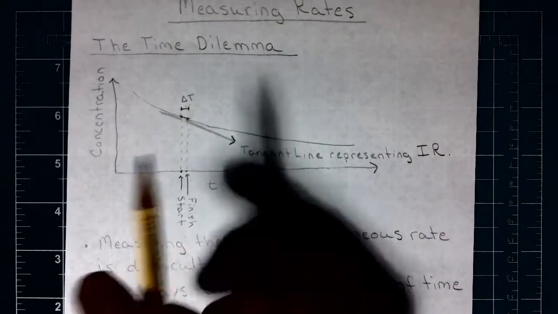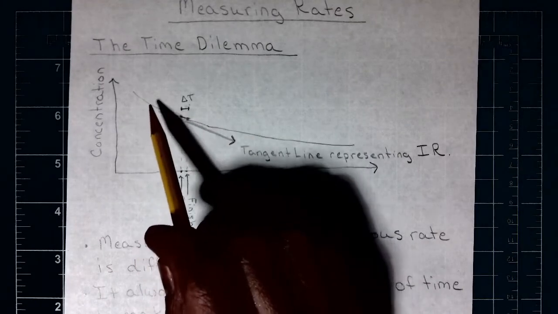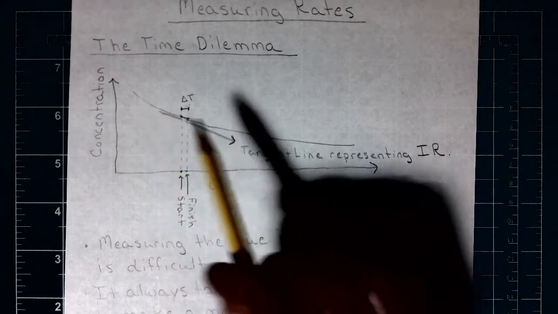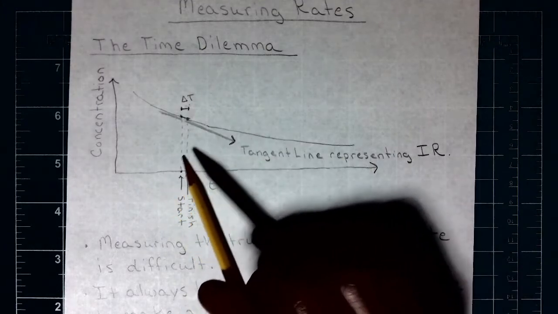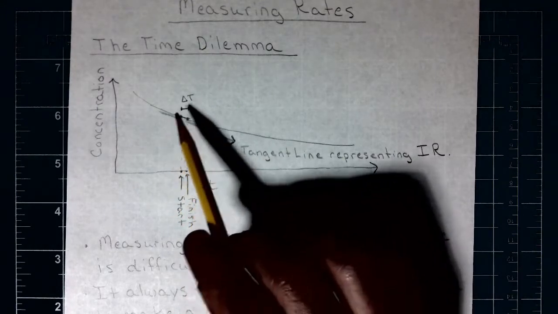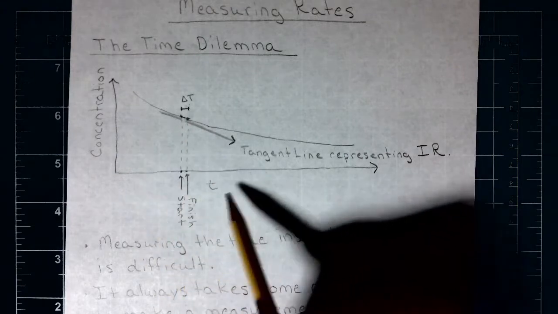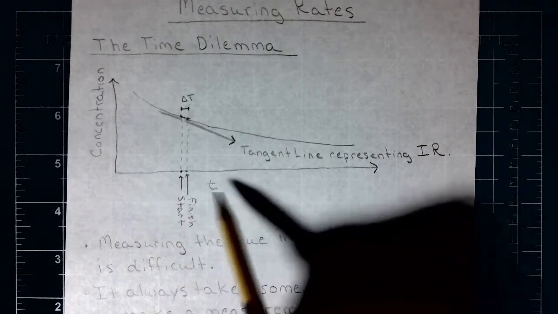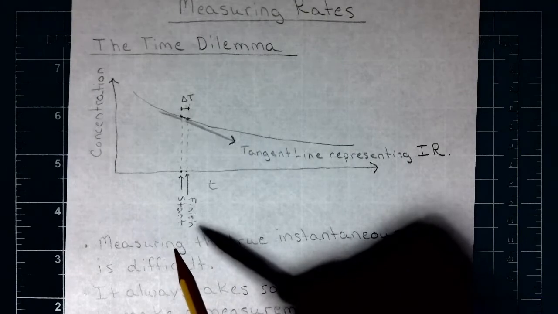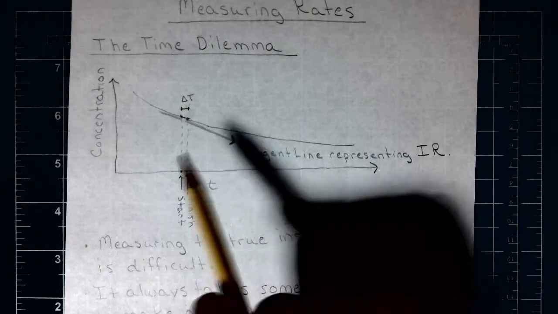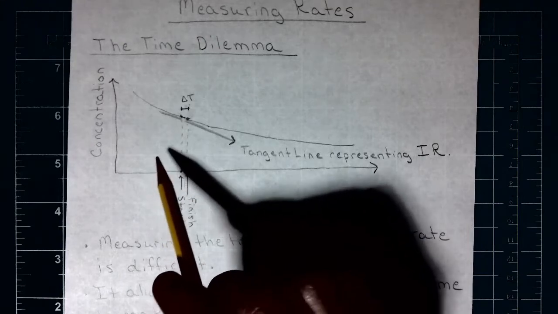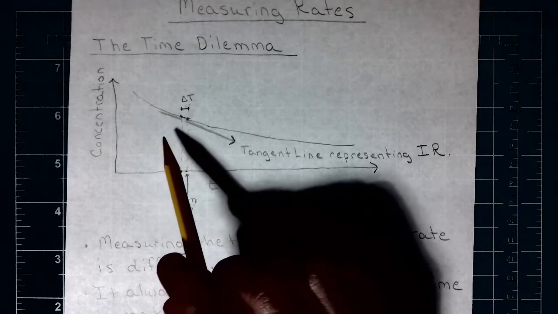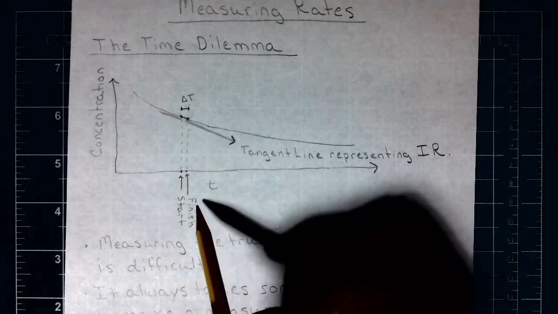We've already seen that what we can do is make a measurement of the concentration and another measurement of the concentration, and then look at the difference between those 2 points here and divide that by the difference in time that it occurred to measure an average rate. But when we're measuring an instantaneous rate, this becomes a little bit more difficult.